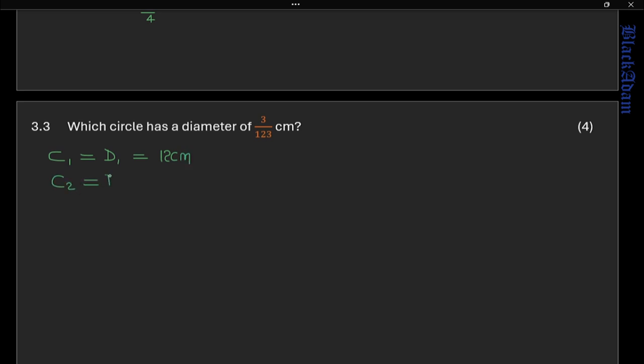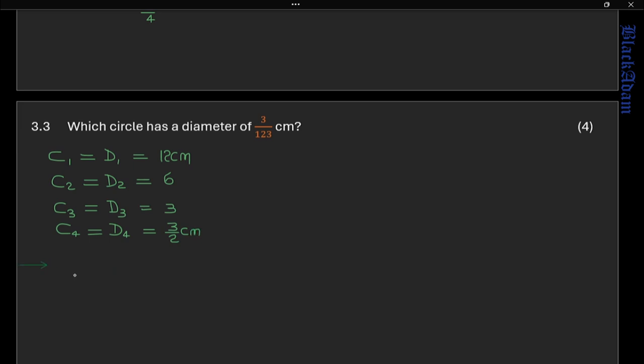The diameter for the second one is going to be 6 centimeter. The diameter for the third is D3, and that's 3 centimeters. So from there we can conclude that D4 is going to be 3/2 centimeters.